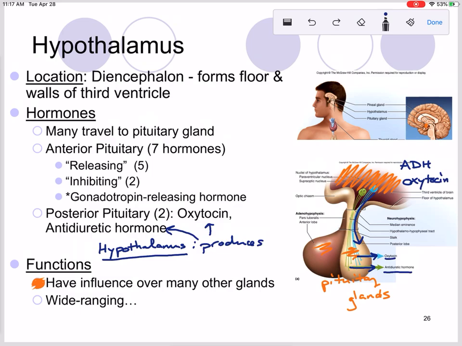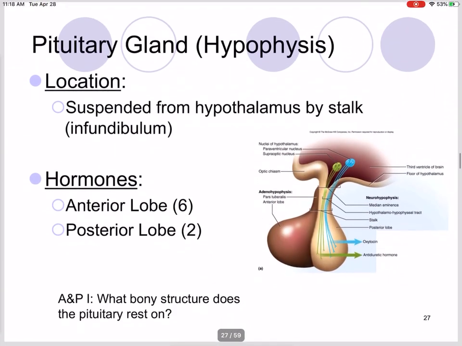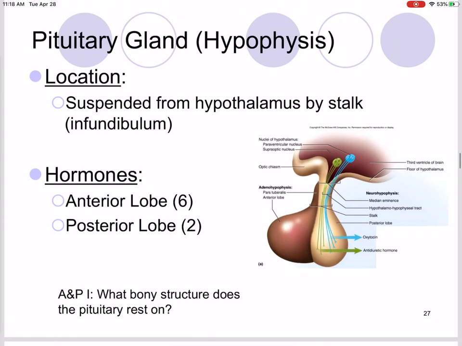So this is kind of tricky. So if I were to ask you, where are ADH and oxytocin produced? ADH and oxytocin are produced in the hypothalamus. If I were to ask you, where are these hormones released from into the bloodstream? Oxytocin and ADH are released into the bloodstream by the posterior pituitary gland.